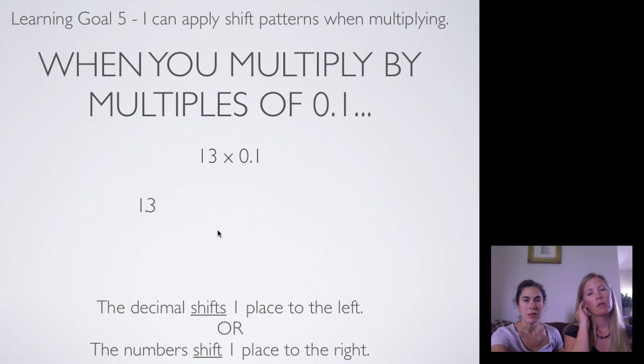Yep. That's the way I like to think about it. But then also you have your 13. You can think about how you're just moving that number to the right. You still get the same answer again, 1 3/10 or 1.3, but two different ways to look at it.